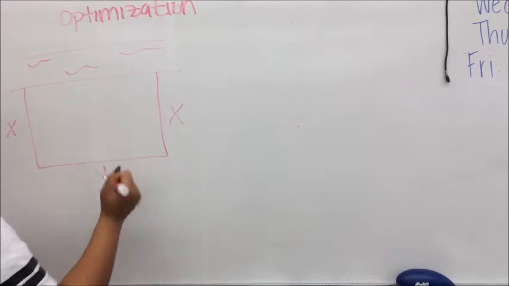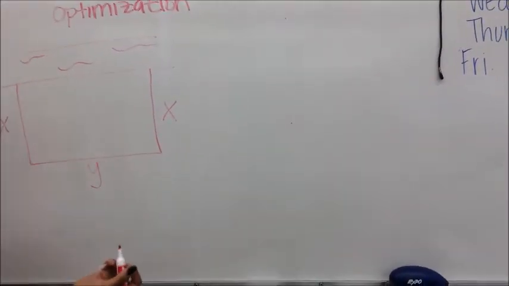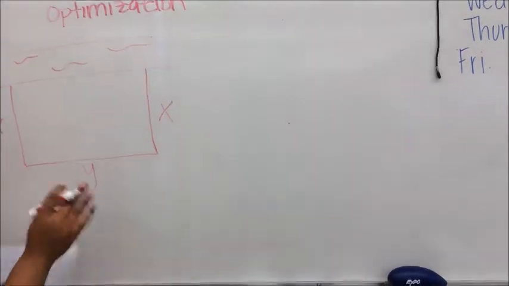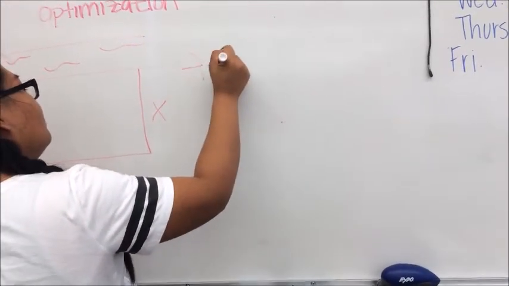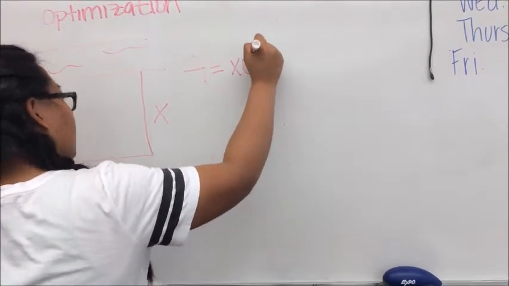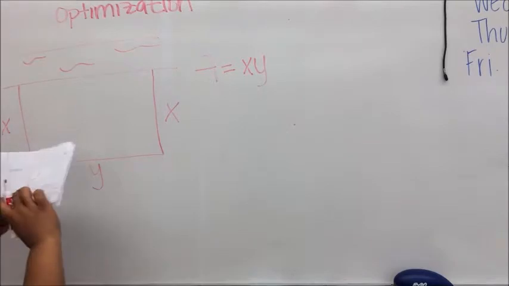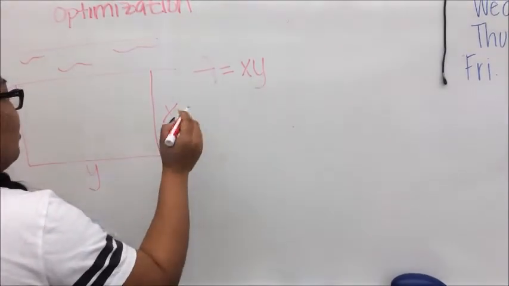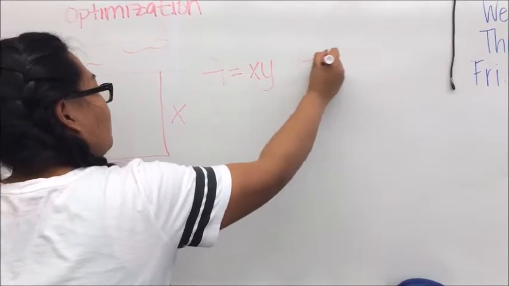And this is y. To find the area of a rectangle, it is A equals x times y. Okay, so the total fencing we have is 500, so that's the perimeter.